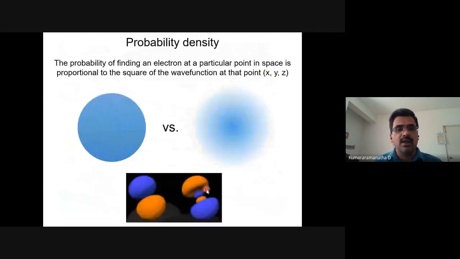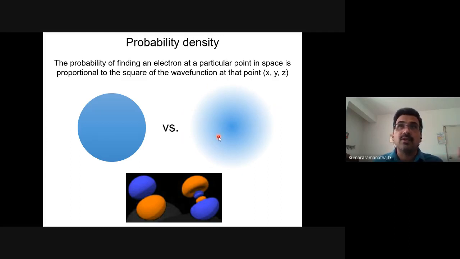Now, as I told you, from your mind we need to remove the picture of a nucleus here and one electron there. We should remove that and talk more about probability density. If someone says there is a location of the electron, you can say the electron density is in this region.